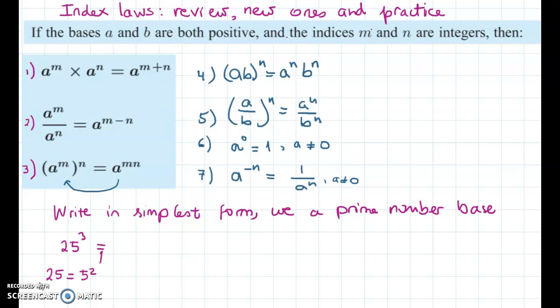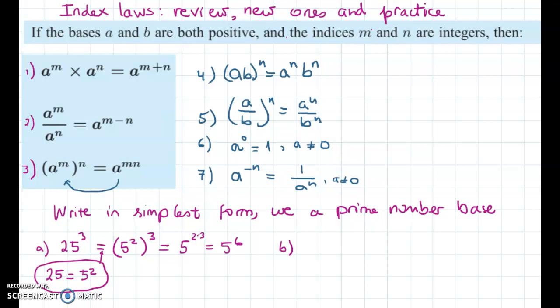So I'm going to write 5 squared instead of 25, and then all of that to the power of 3. And now we can use the third of our properties to say that this is the same as 5 to the power of 2 times 3. So this is 5 to the power of 6. This was our example A.